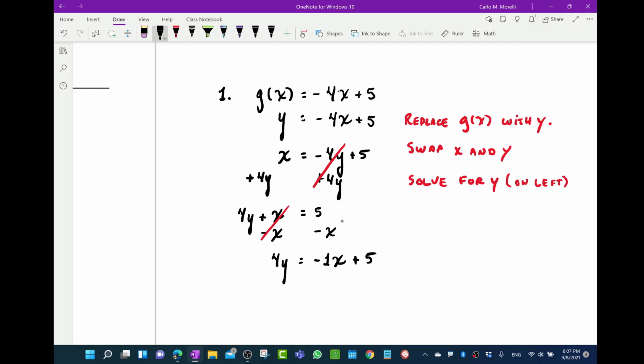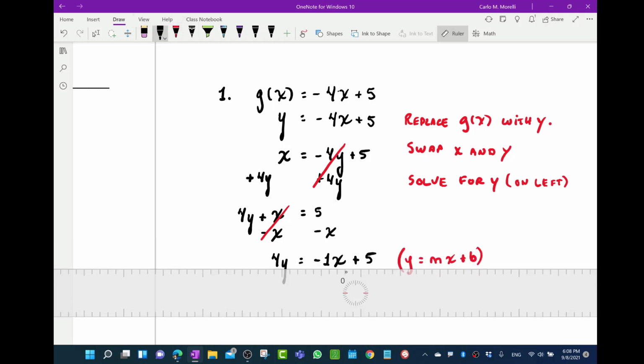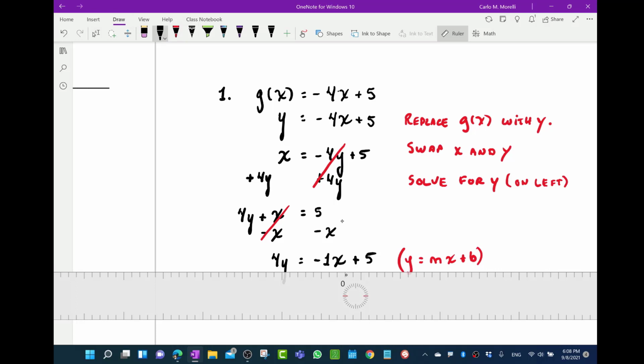And we want this to end up in slope-intercept form. As a quick reminder, slope-intercept form is y equals some slope x plus b. Okay, m is the slope, b is the y-intercept. Right, that's what we're going for. So the final step here algebraically is to divide everything by 4.